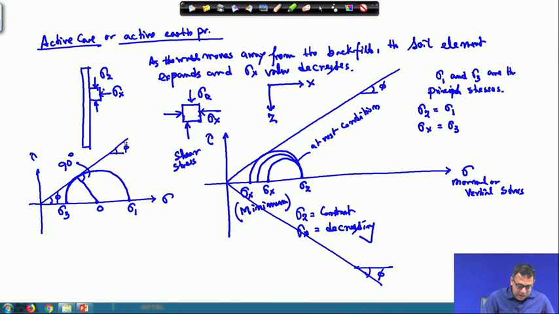Okay. Now, if I join this point and this point, this dotted line will give you the direction of the failure surface or the rupture plane. So, this is the direction of the failure plane.